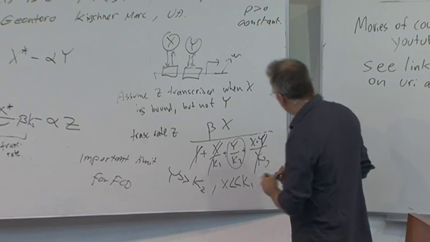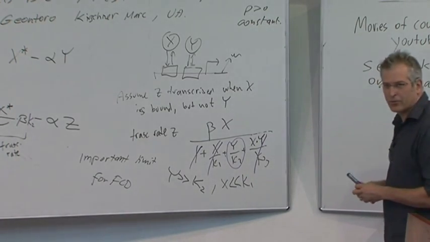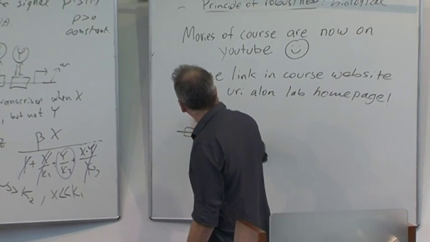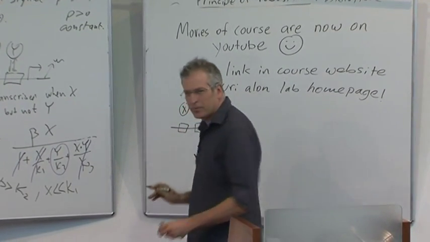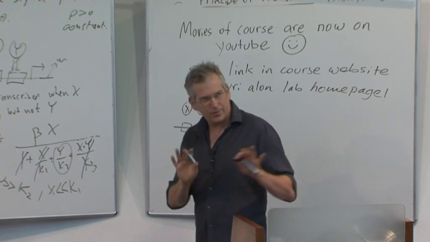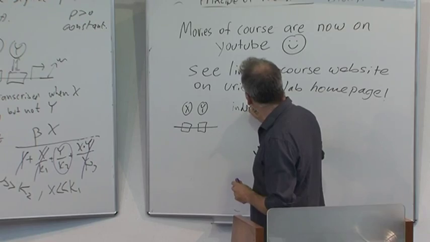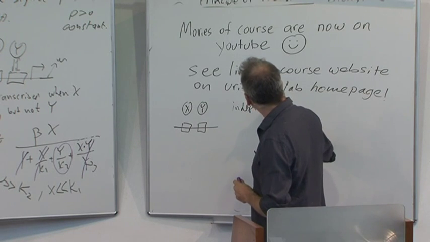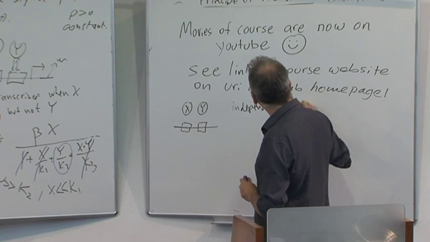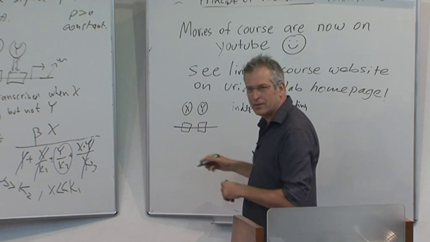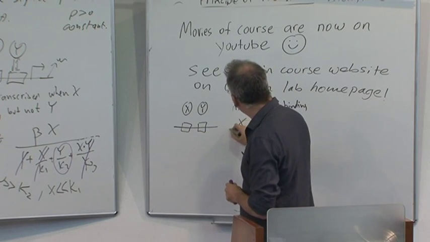Okay, maybe I'll elaborate a little bit on K3. I'll teach you a little bit more biology of promoters. There's something called independent binding, and that's under the assumption that X and Y can bind simultaneously.